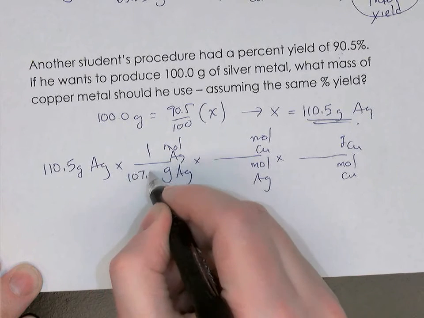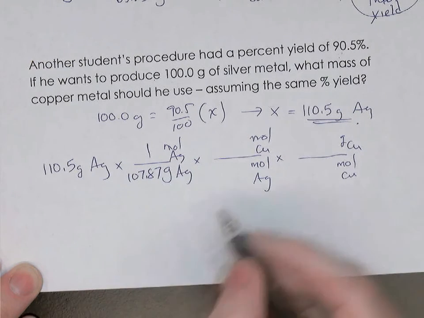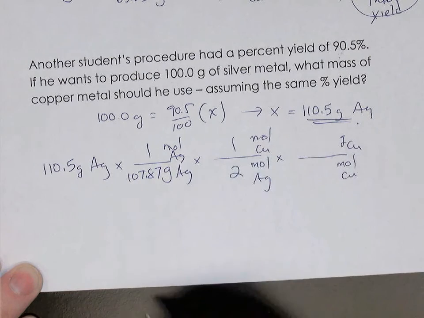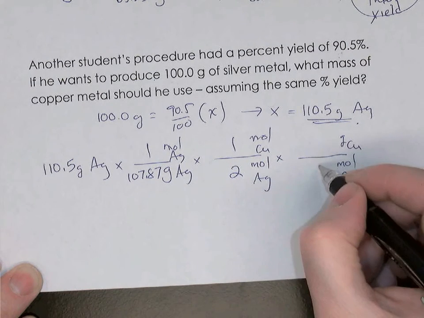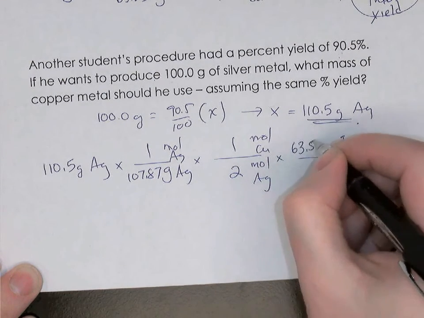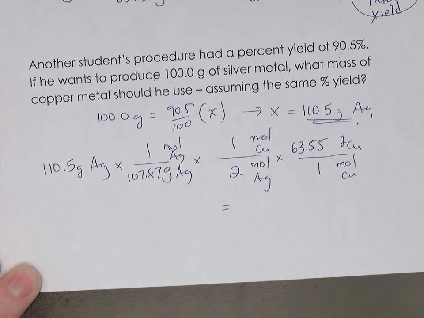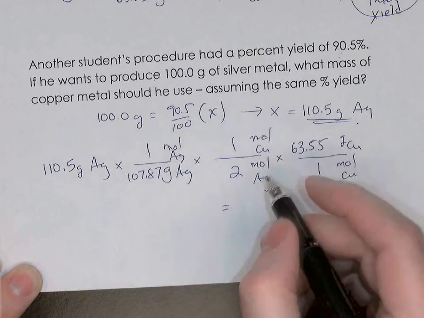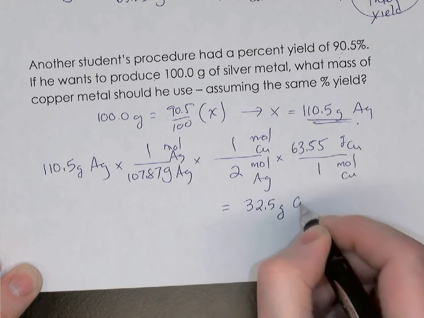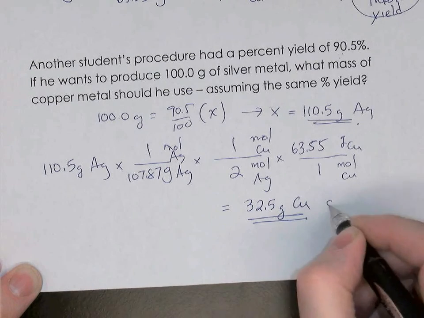The balanced equation told me 1 mole of copper will make 2 moles of silver, and 1 mole of copper weighs 63.55 grams. Periodic table. So 110.5 divided by 107.87 divided by 2 times 63.55, the student should use 32.5 grams of copper metal.